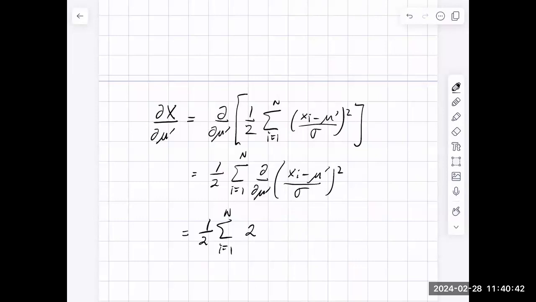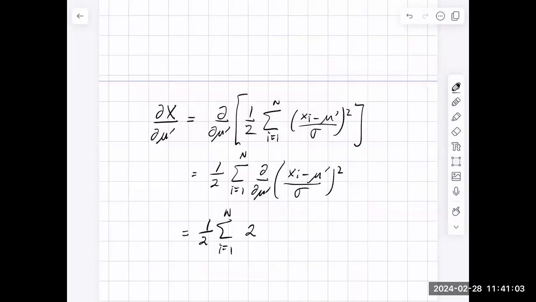Okay. And so what we would end up with is the sigma is kind of a constant, so it's going to be squared, right? We could have taken the sigma squared out here and then just taken the derivative of (xi minus mu prime) squared. We would get -2 mu prime in that case.